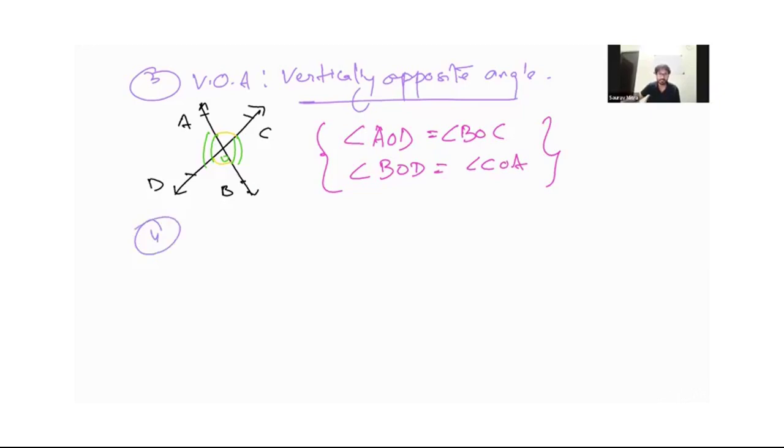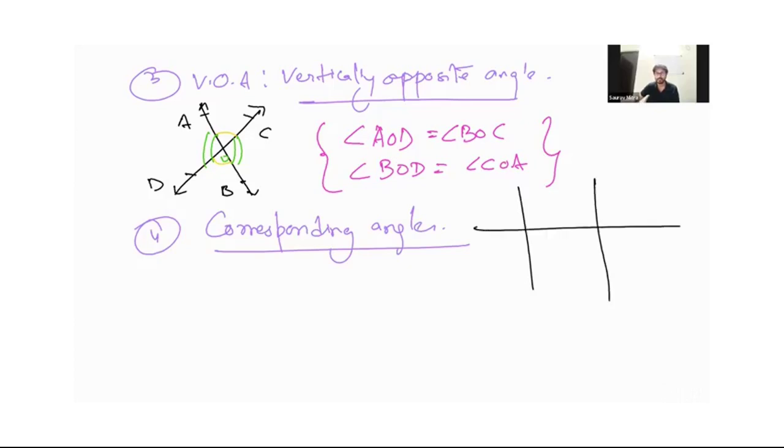Now the next pair of angles is the corresponding angles. See, these are parallel lines with a line intersecting them. One pair of interior and exterior angles will be corresponding. Similarly, exterior and interior will be corresponding to each other.